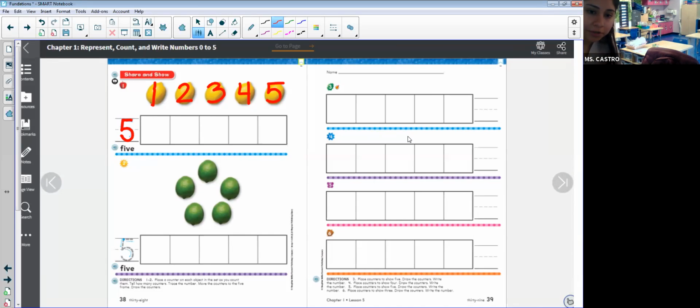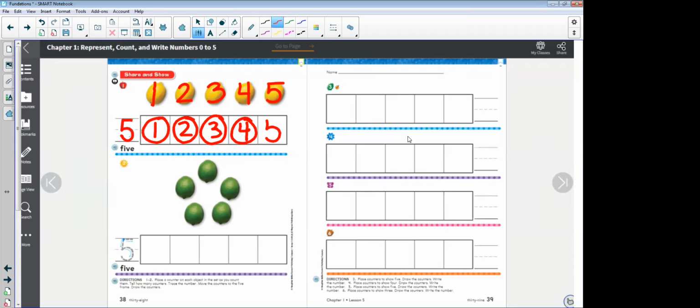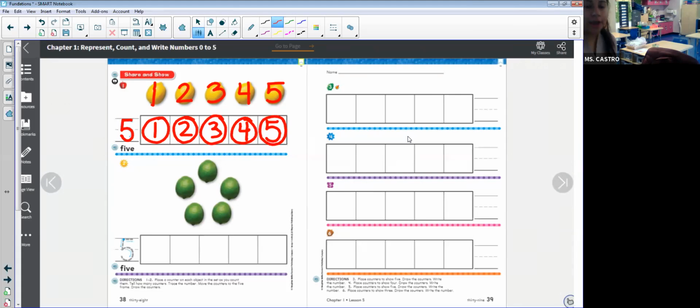And now we have to fill in the 5 frame. 1, 2, 3, 4, 5. I filled in the 5 frame with 5 circles and I labeled them with the numbers because that shows that we have 5 lemons.